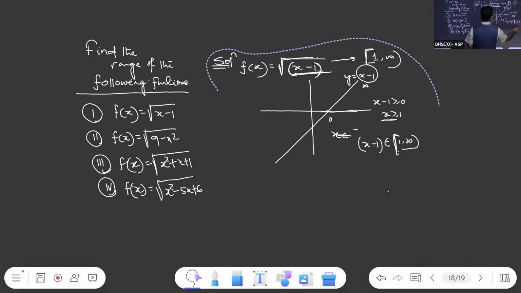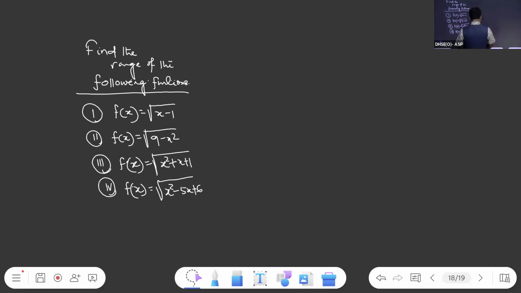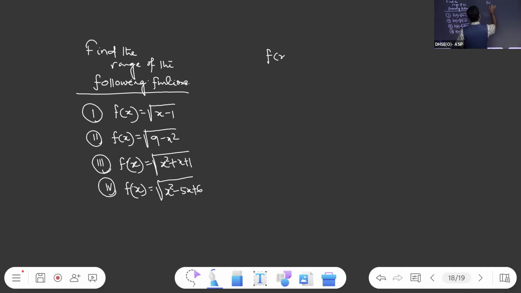f of x is equal to under root 9 minus x square. How to find the range of this function? See the inside expression.